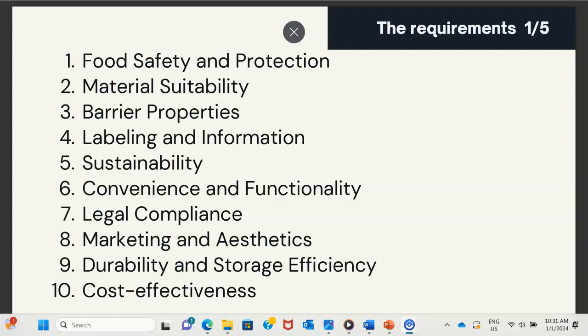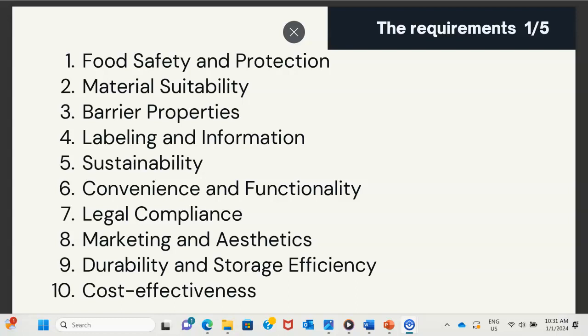The next requirement on the packaging is the sustainability of it. There is a growing emphasis on environmentally friendly packaging. So this includes using recyclable, biodegradable, or compostable materials and minimizing the overall environmental footprint of the packaging process. The sixth requirement is the convenience and the functionality.